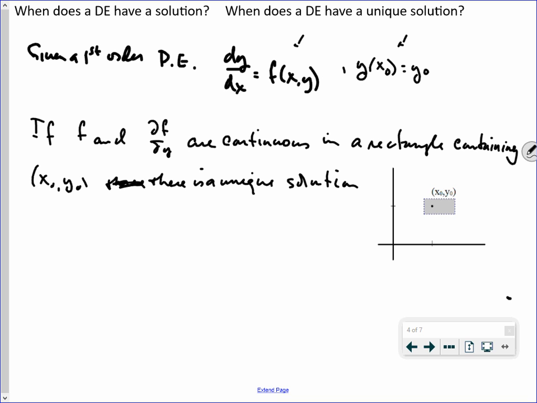Well, let's give this unique solution a name, phi of x, in some interval containing x0.